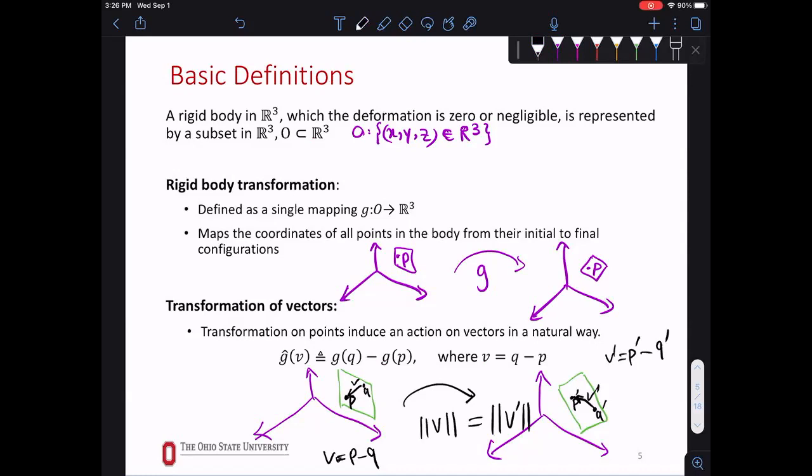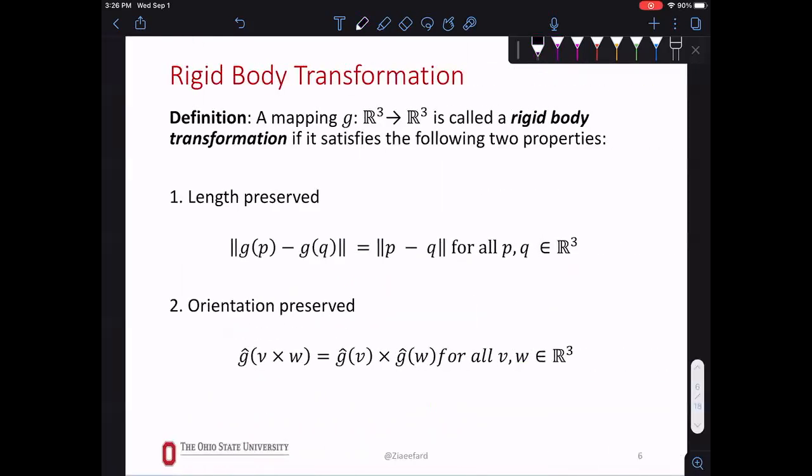So this is one of the important properties of transformation. Remember, rigid body transformation, so we're following rigid body math and equations. The length is preserved. The orientation is also preserved. So if this is orthogonal and I move it, they're going to still stay orthogonal.